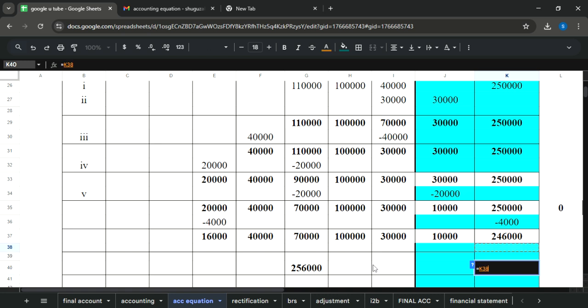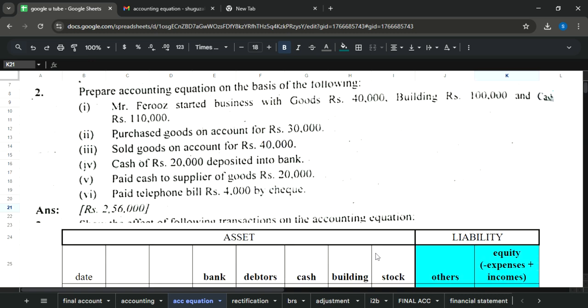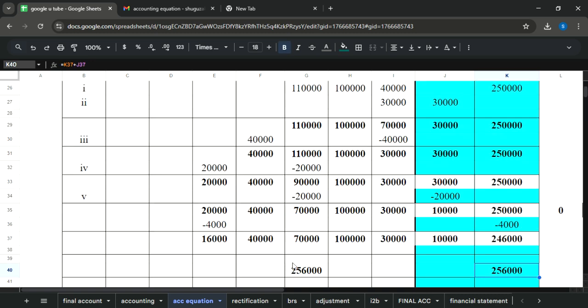There are 2 liabilities, 246,000, and you will add 10,000. So we have got 256,000. Both sides are equal. Let's check what answer is given in our book. Look at it, 256,000, and we have got 256,000.